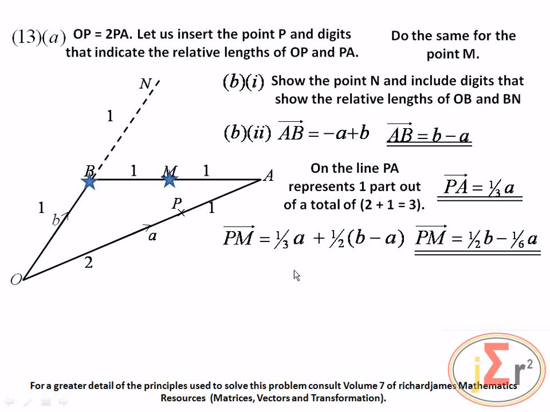If we use 6 as a common denominator, 1/3 is 2 over 6 and a half is 3 over 6. So we have 2 over 6 minus 3 over 6, which is negative 1 over 6. So we have negative 1/6 a, and of course, we only have 1 occurrence of b. No problem with that.